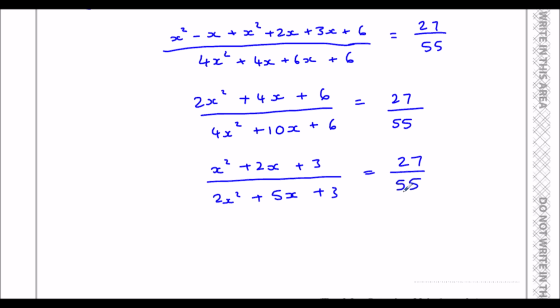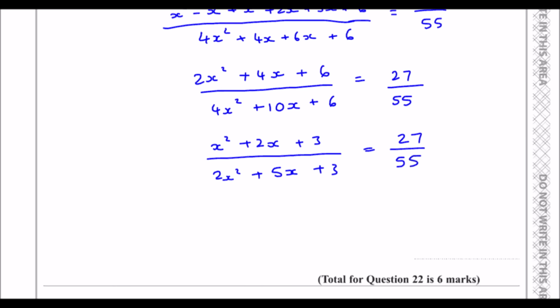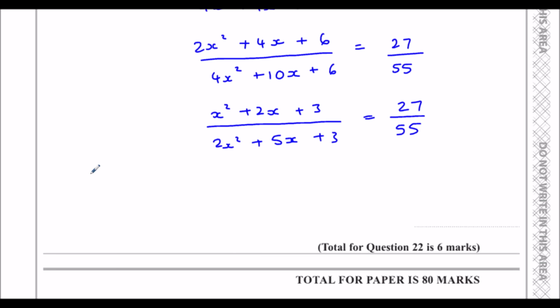And I'm going to multiply both sides by 55 and both sides by 2x squared plus 5x plus 3. So I'm going to get rid of the fractions, which will leave me with 55 times x squared plus 2x plus 3 equals 27 times 2x squared plus 5x plus 3.